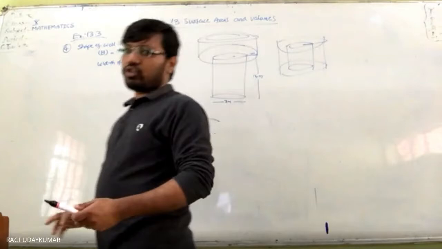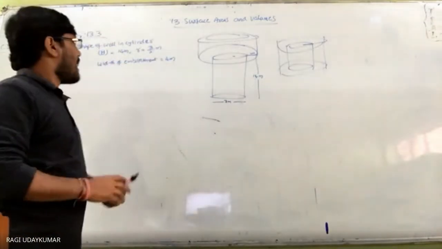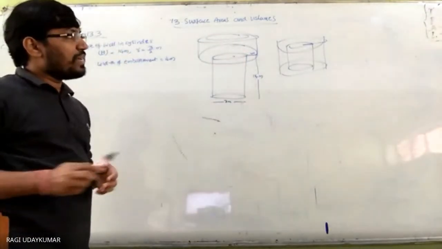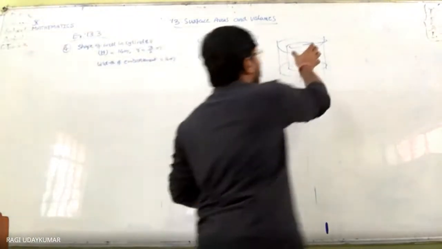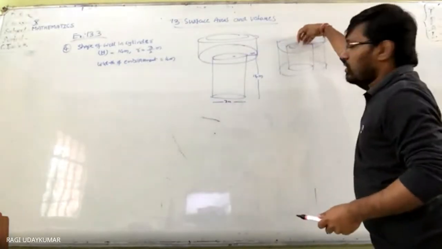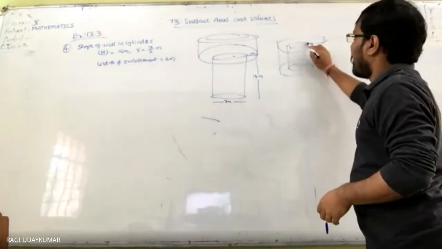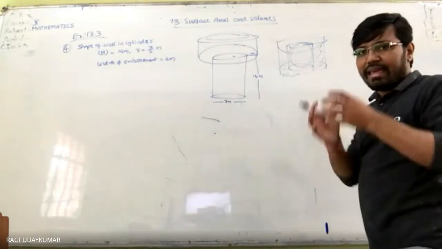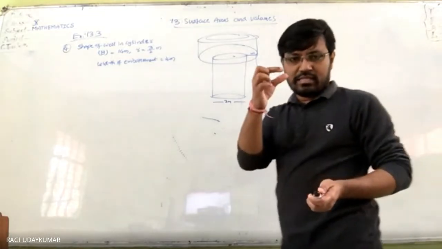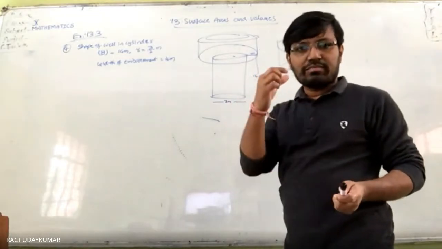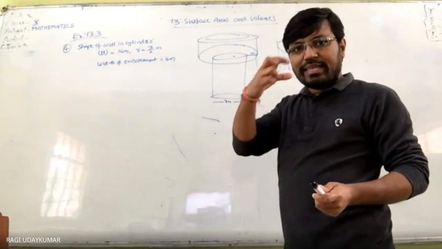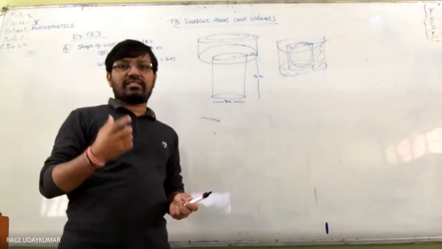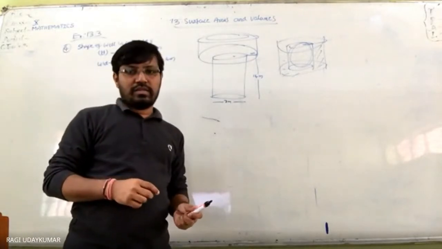Inside it there is nothing, it is empty, like one pipe with some thickness. So that is nothing but the difference between the two cylinders, and you are going to get the value.